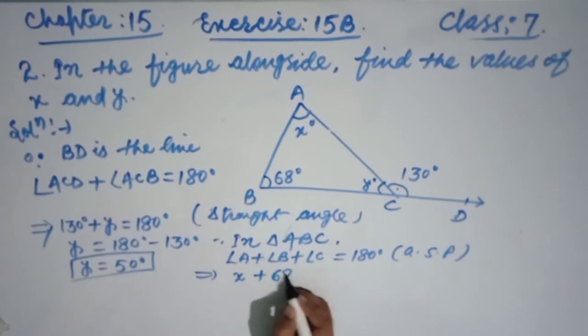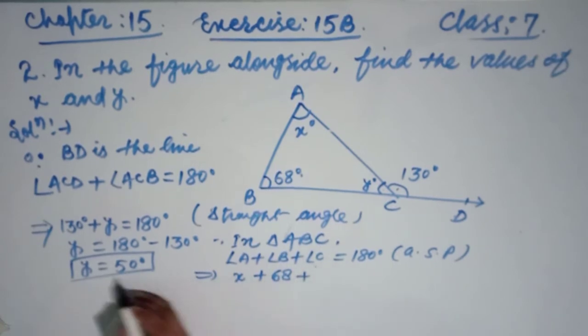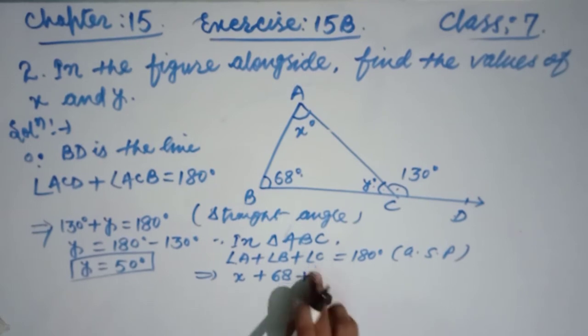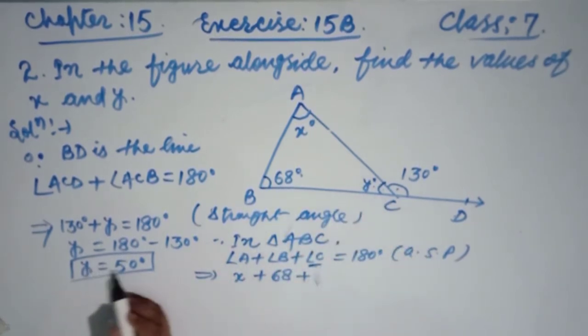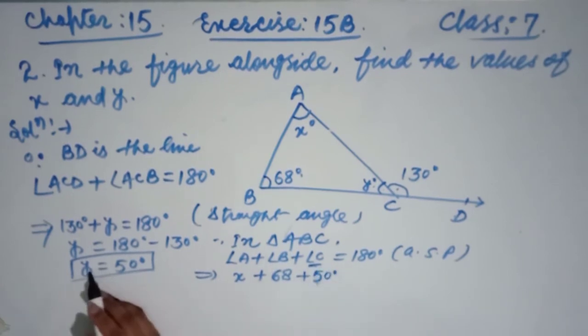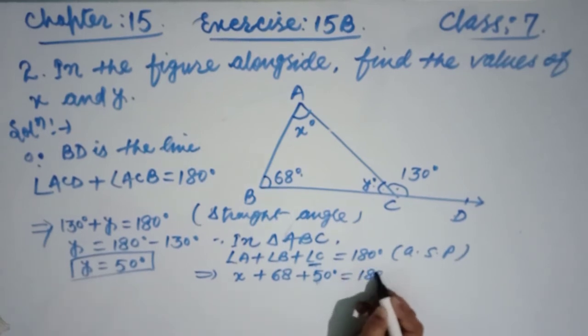Angle B is equal to 68, angle A is x, and angle C means y degrees. You can write the value of y, that is 50 degrees, directly, because the value of angle C is 50 degrees, is equal to 180 degrees.